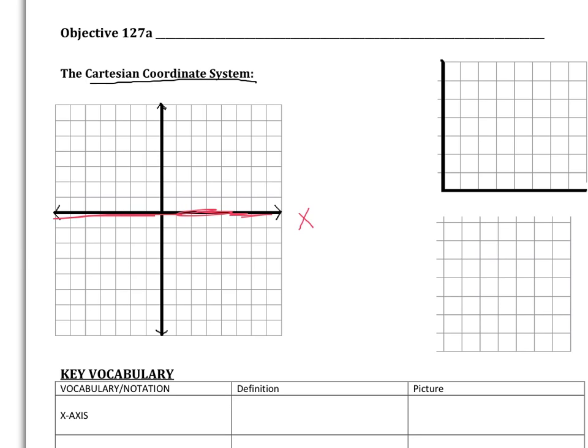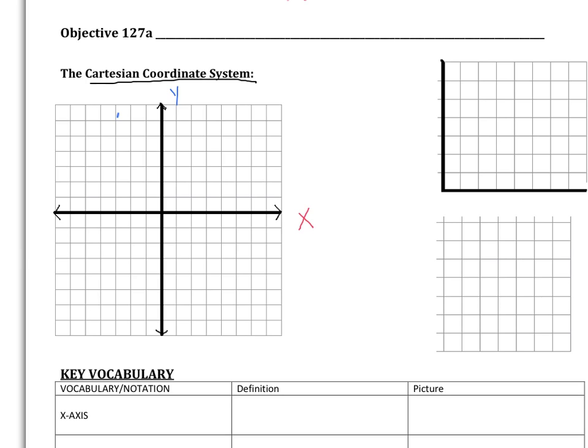We remember that's the x-axis because it runs horizontally, or it goes left and right. The axis that goes up and down, this one that I'm coloring in blue, is called the y-axis. That's the axis that runs vertically, or up and down.